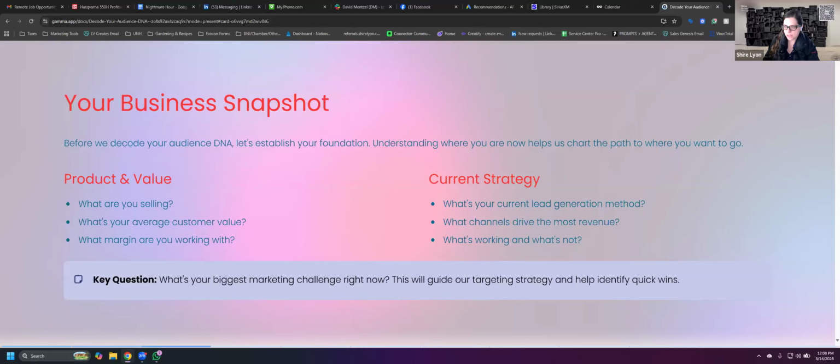And then, how are you currently generating leads? Where do they come from? And do you have a predictable method? Because if you have one, then you can take more of that data to make everything better. If you haven't established that yet, that's where we have to start. And the last one, what's your biggest marketing challenge? Usually most people tell me leads. If you were to ask me, that's my same challenge.